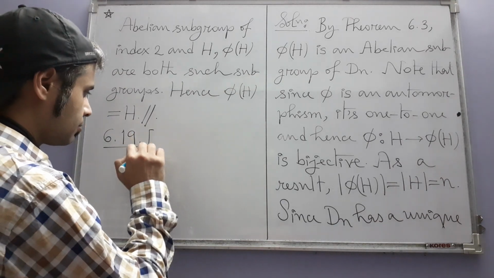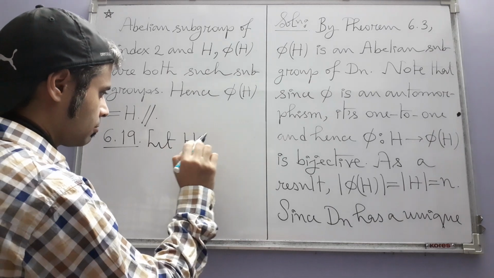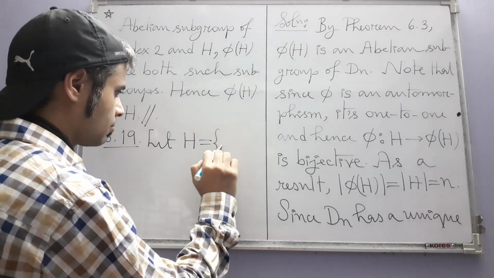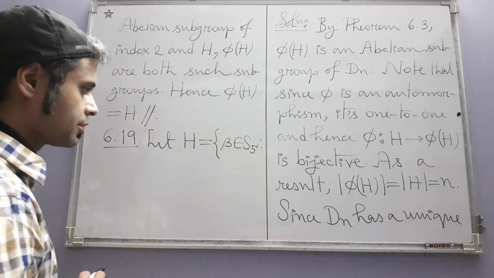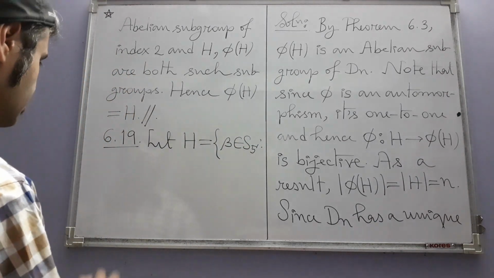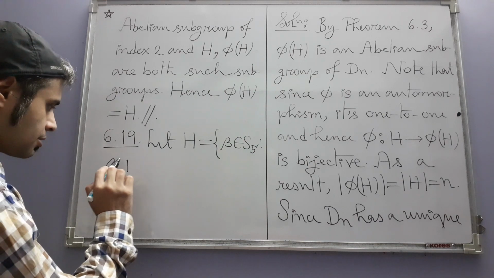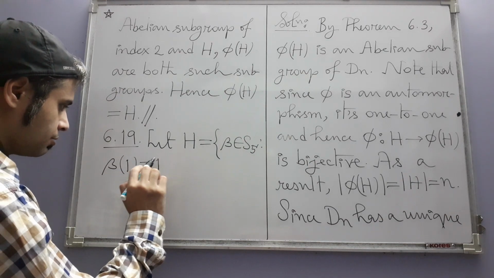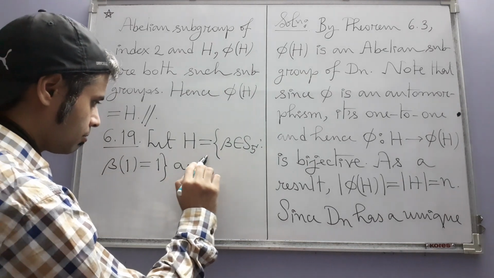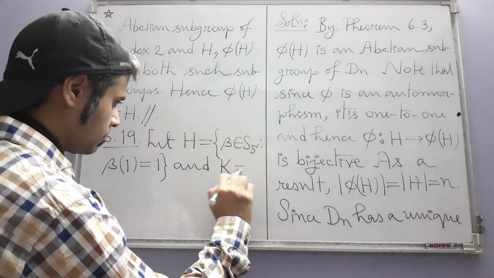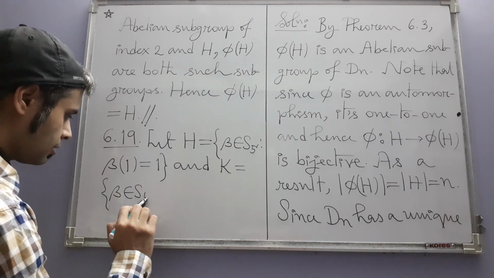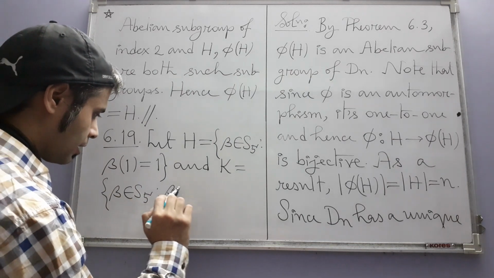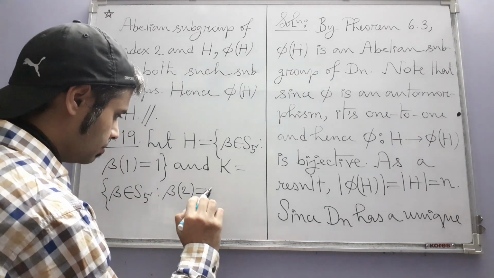Let H be the set of those permutations beta in S5 that fix the symbol 1, it does not change 1, and K be those permutations again in S5 that fix 2.